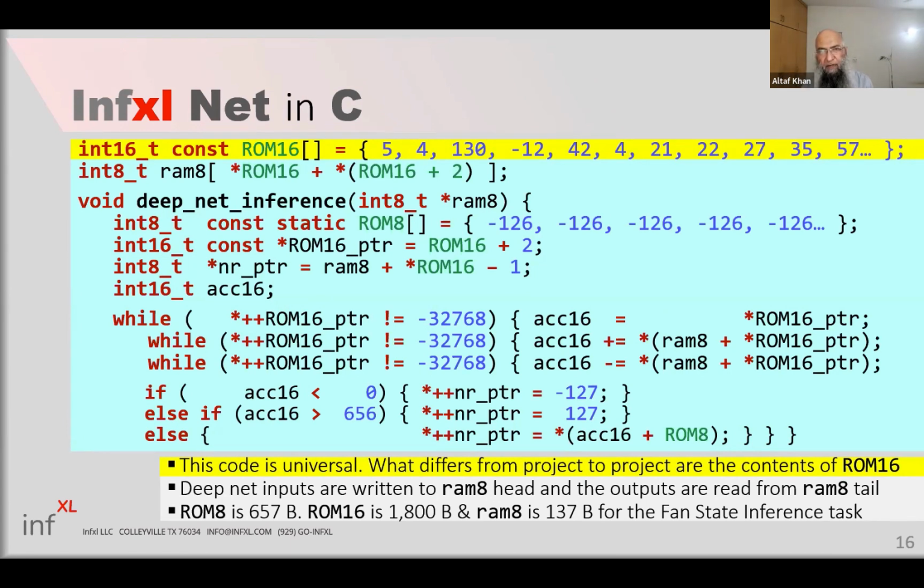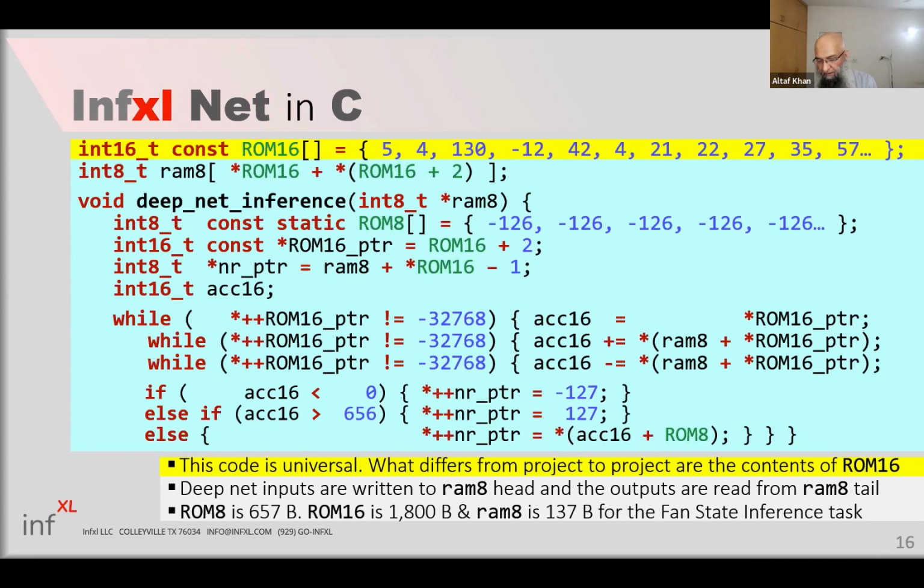Another thing I want to point out is the size. We have this network, it has some accuracy, but what is the size of this network? If you just look at the code, it is very small. If you compile this code for the deep net inference on a Cortex M4, it takes only 110 bytes. So it's really tiny. But we also have this ROM16. In this case, ROM16 has 1800 bytes.